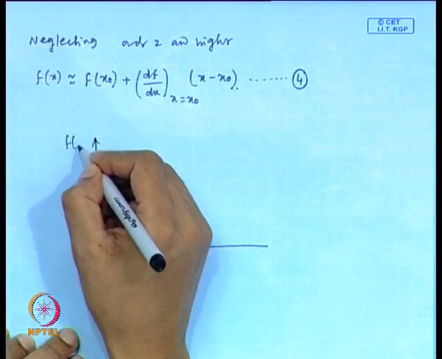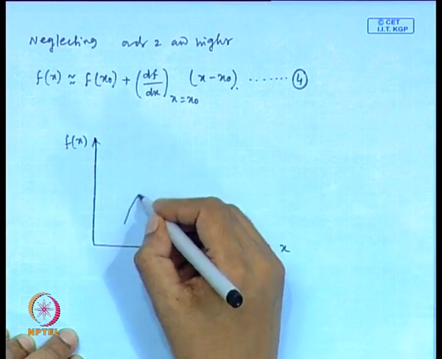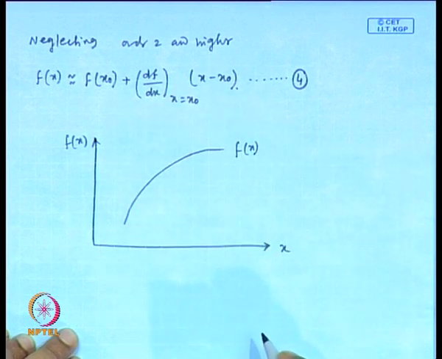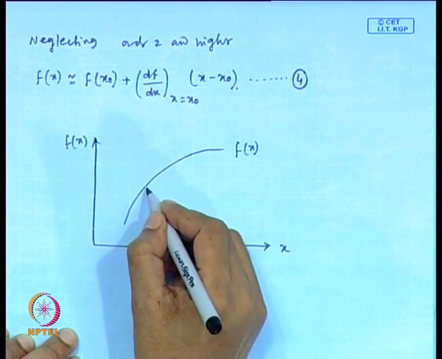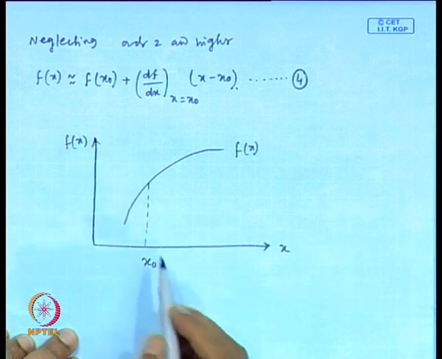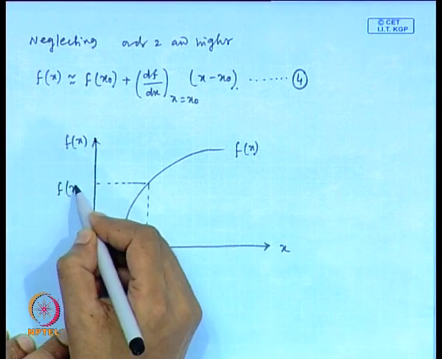This is f(x), this is x. Suppose this is the function f(x). This point is x naught and the corresponding value is f(x naught).